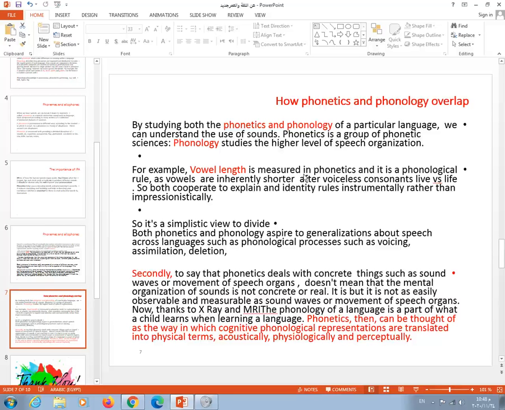So we have differences which matter, and in this case we call them contrastive differences. For example, if we change the phoneme k with another phoneme, for example t, and say toll instead of call, we get two different words. On the other hand, if you make some change in the allophones, this doesn't make a change in the meaning.